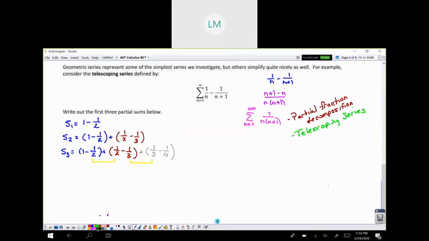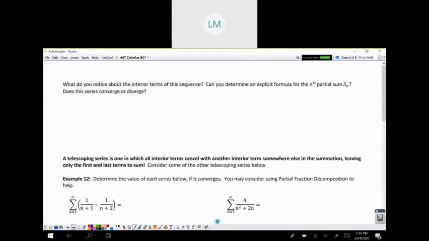So we can write an nth term as 1, and then the last term is minus 1 over n plus 1. The third term, our last term, is 1/4. The second term, our last term, is 1/3. The first term, our last term, is 1/2. So I'll write this up here. Our interior terms cancel.